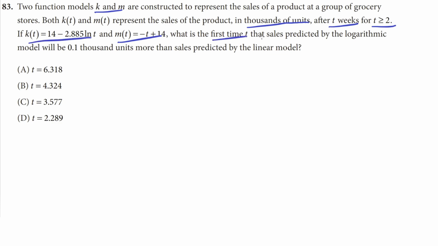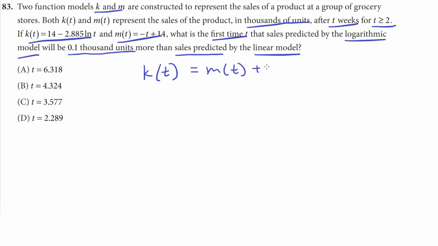what is the first time t that sales predicted by the logarithmic model will be 0.1 thousand units more than the sales predicted by the linear model? So we need the logarithmic model, k of t, to be equal to the linear model, m of t, plus 0.1.